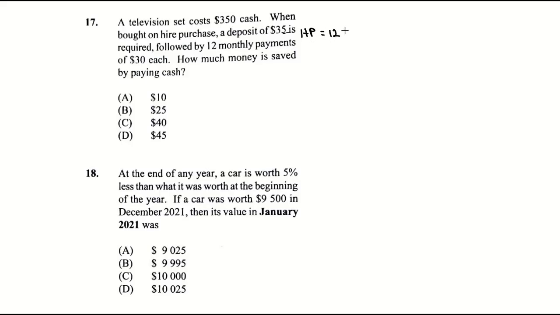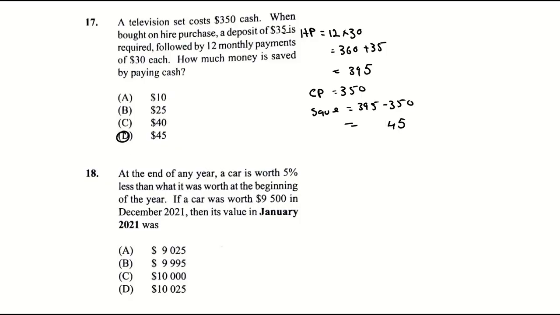So for 12 months it will be 12 by 30, which is 360, plus that $35 of down payment, which would be 395. And if you pay cash, the cash price is 350. So how much would he save? It would be 395 minus 350, and we can see that he's saving $45. So the answer is D.